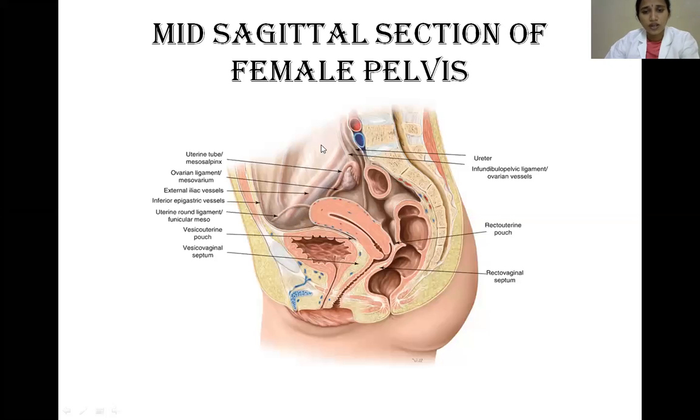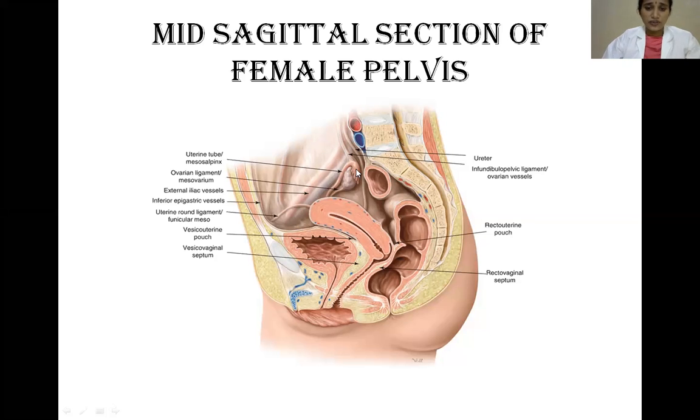And here, suspending from the lateral pelvic wall, you can see a fold of peritoneum which forms the suspensory ligament of ovary or the infundibulopelvic ligament, because it connects the infundibular part of the fallopian tube to the lateral pelvic wall. The importance is that it carries the gonadal vessels, the ovarian vessels.